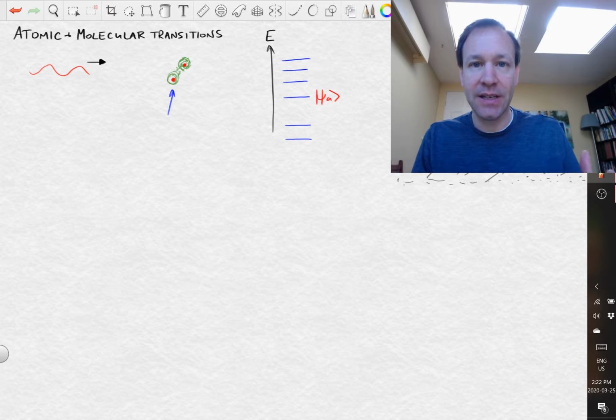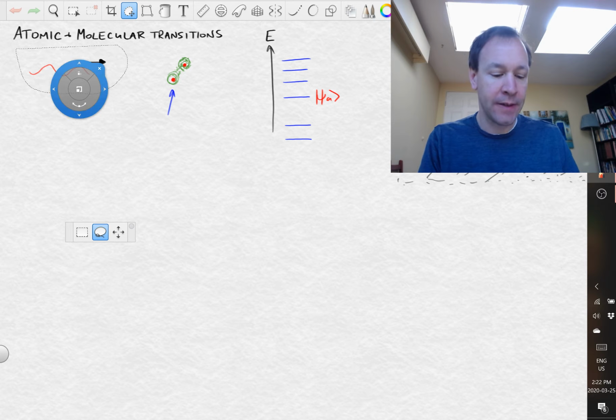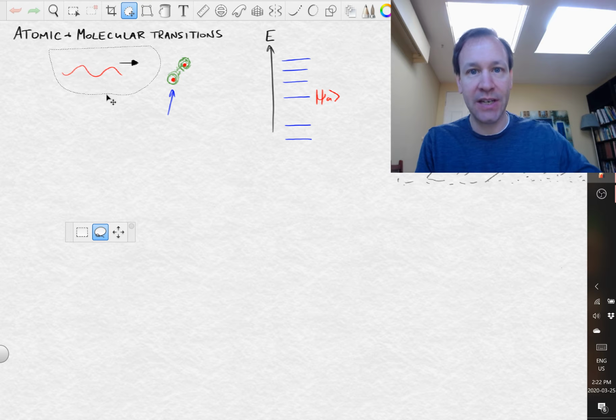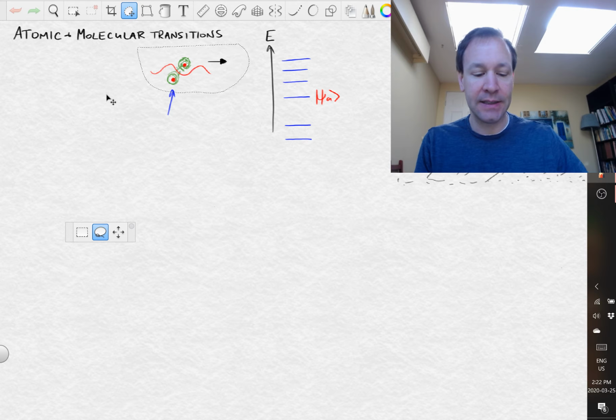And now we want to think about this electromagnetic wave. And so this might be coming along, just some radiation, light, or radio waves, or something else, and it comes along and it now interacts with the atom or the molecule.